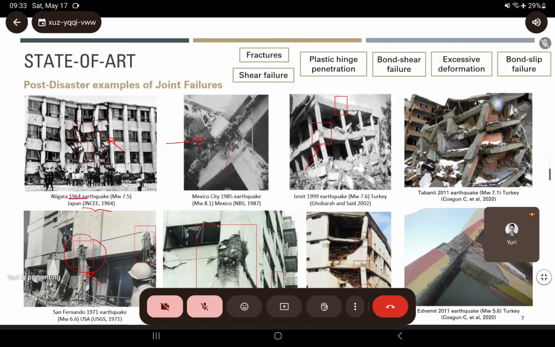We have also joint fractures, excessive deformation, yielding from above columns penetrating into the joint. We have also shear fractures, bond split failure, and overall collapse.